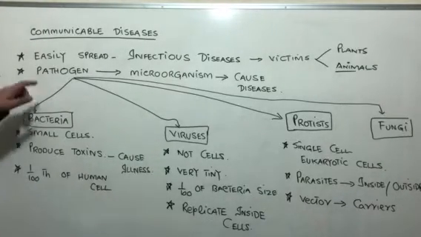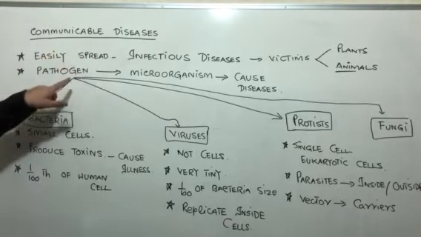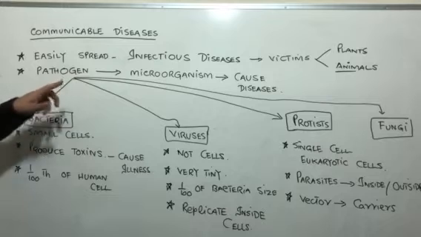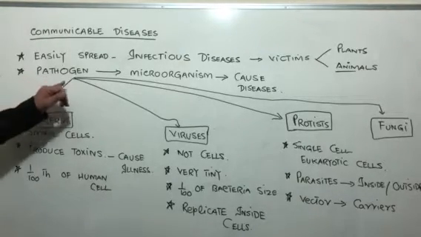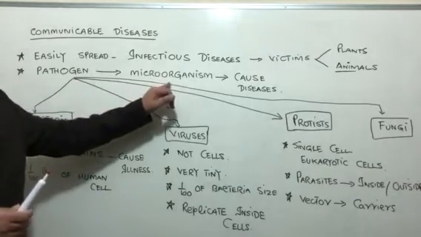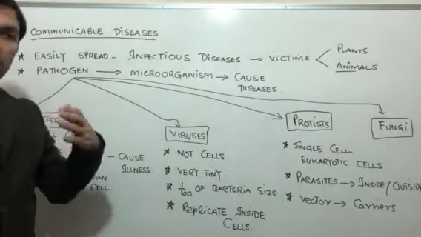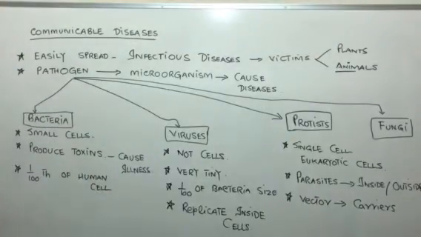There are agents which spread communicable diseases. They are called pathogens. So first we have to understand what pathogens are and how we can define them. Pathogens are microorganisms that can enter the body of a living organism and cause disease inside the body.